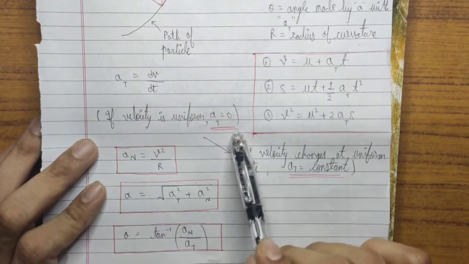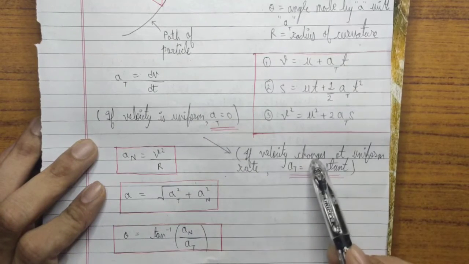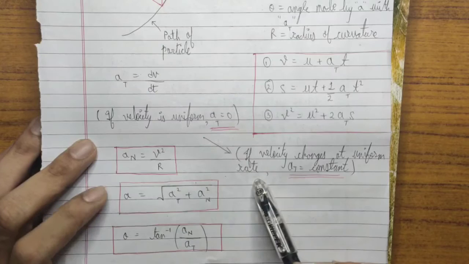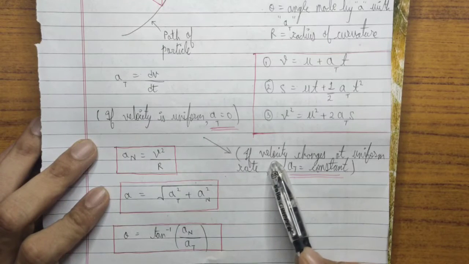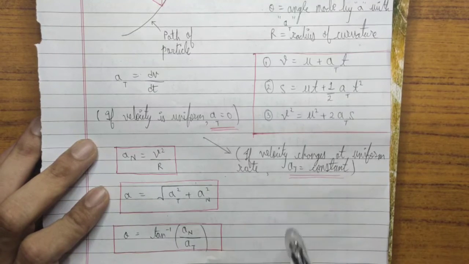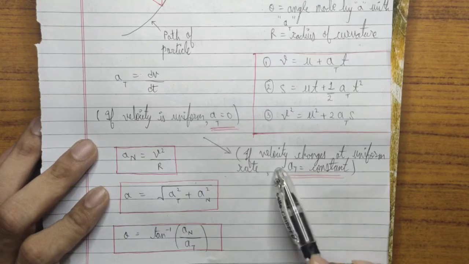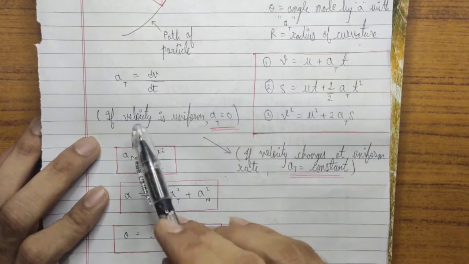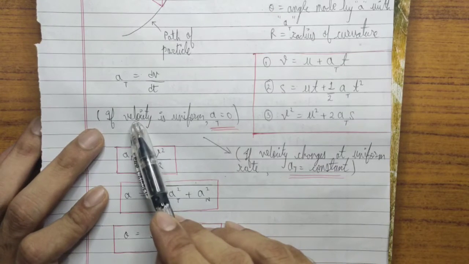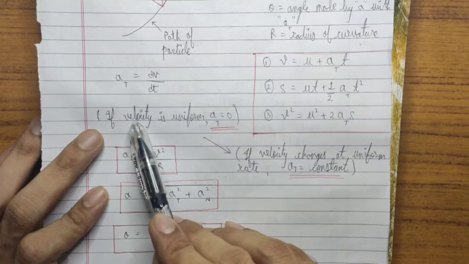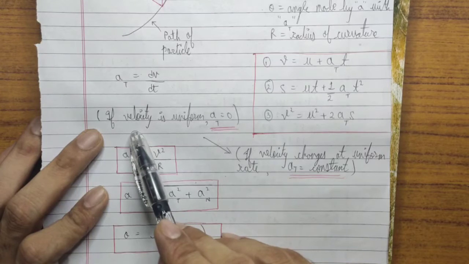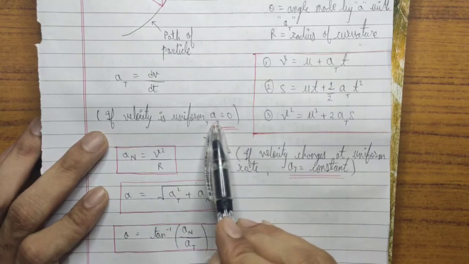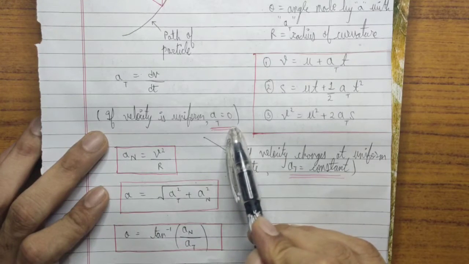Now if velocity changes at a uniform rate, the velocity is not uniform, but it is changing at a uniform rate. Let's take an example. If a car is moving with a uniform velocity of say 50 km per hour, there is no change in velocity, so the acceleration of that car is 0.